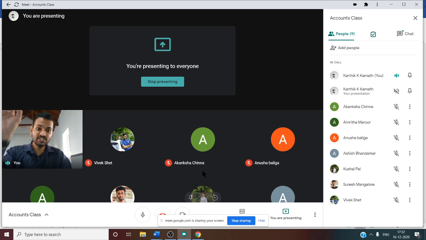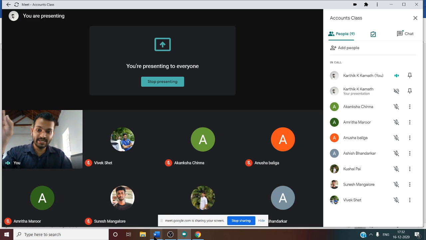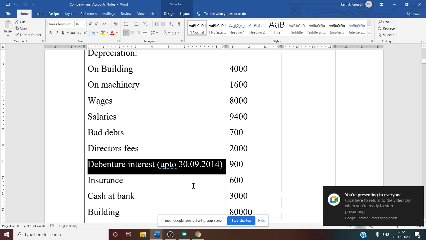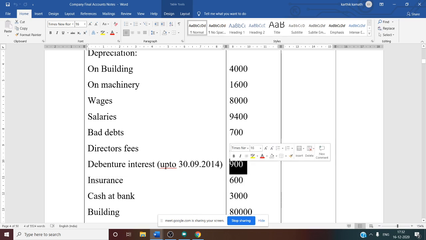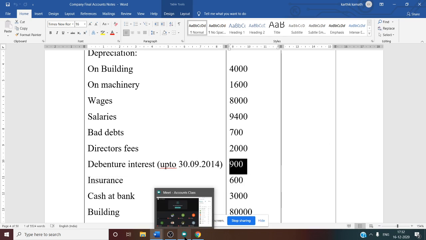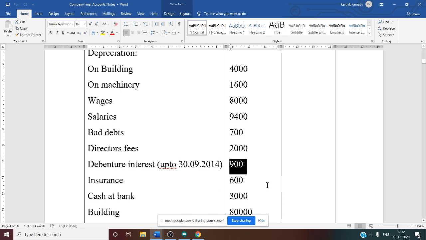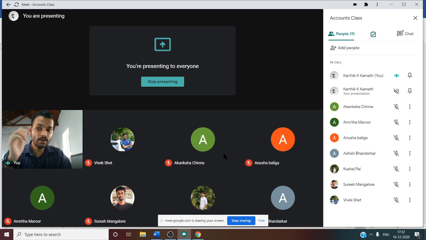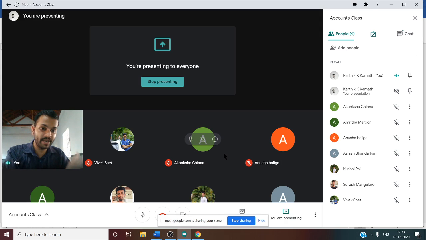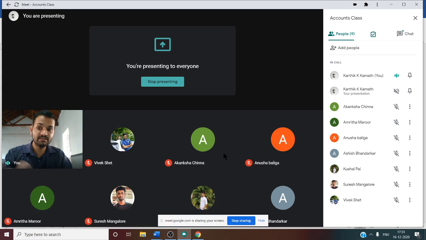But while showing the debenture interest, there is one bracket information. What is this bracket information? 39 2014 debenture interest paid, that is 900. Our financial year starts from April. So April, May, June, July, August and September: 6 months. Only for 6 months debenture interest is paid and the remaining months are not paid.